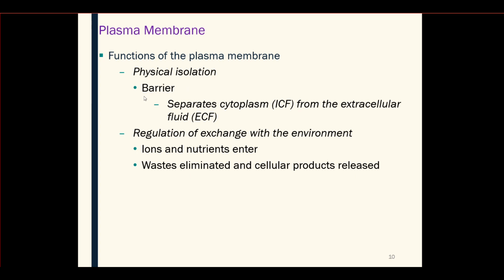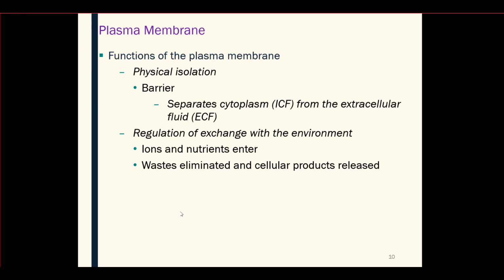Okay, so that's an important function. It's a barrier. Now, even though it's a barrier, the cell membrane does allow things to move in and out. So the cell membrane does regulate the exchange with the environment. For instance, ions, things like calcium, let's say, and nutrients, things like glucose, can enter the cell, but waste products can be eliminated, right?